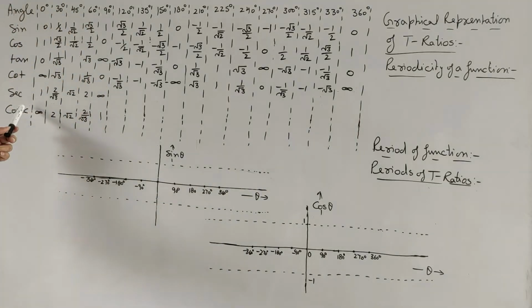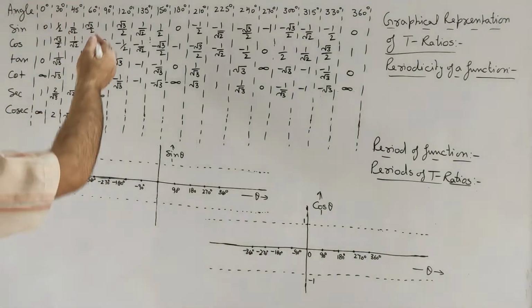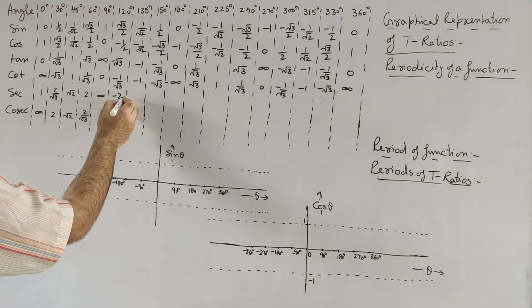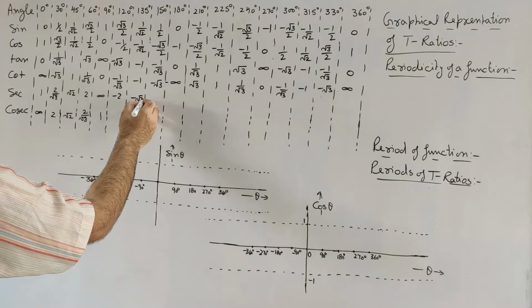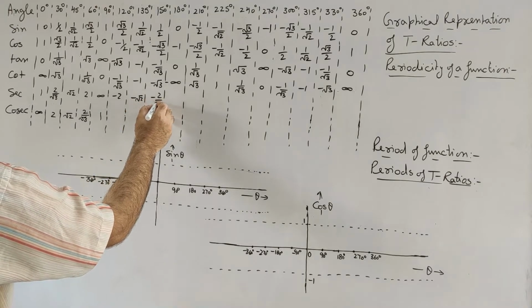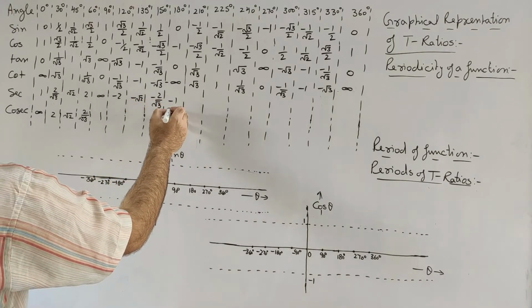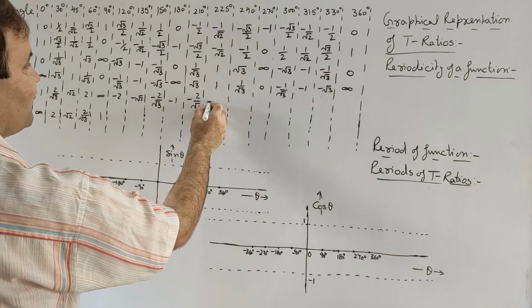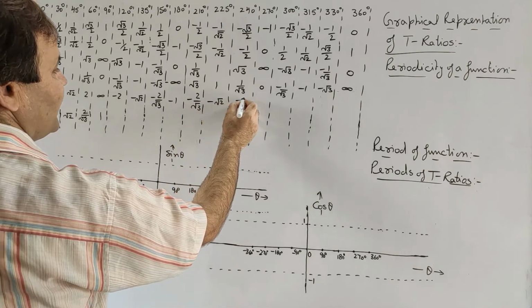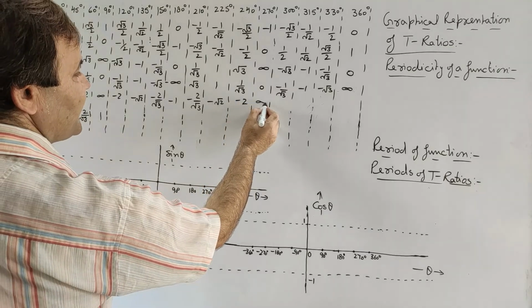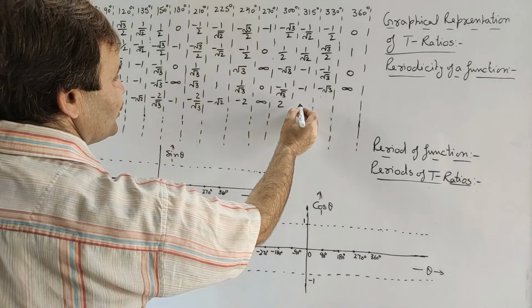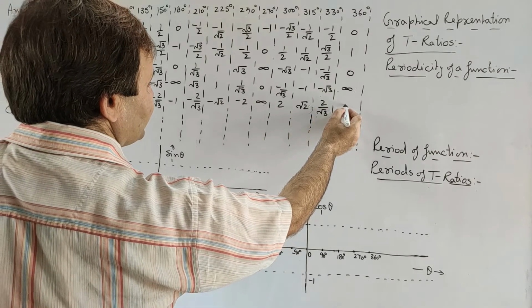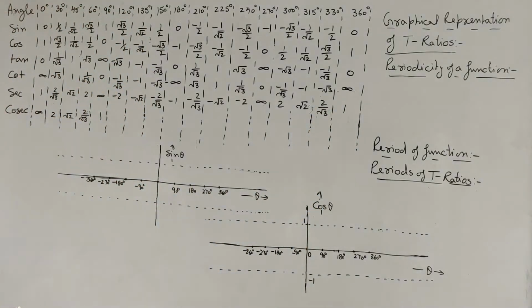Now sec, for sec 120, reciprocal of cos 120, that is minus 2, minus root 2, minus 2 by root 3, minus 1, and so on up to 1.